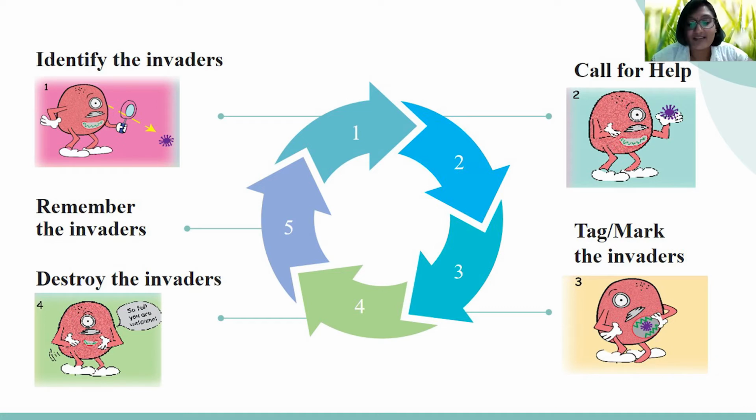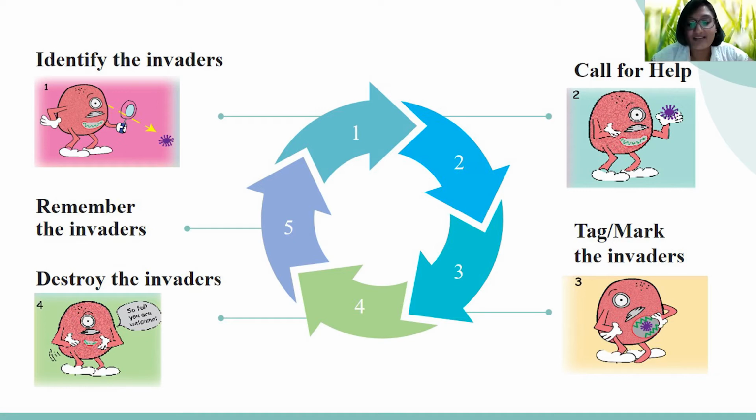When the first cell identifies the bacteria, automatically other cells get to pass the signal. Thirdly, the bacteria has been tagged or marked. The cell will mark the bacteria and viruses.